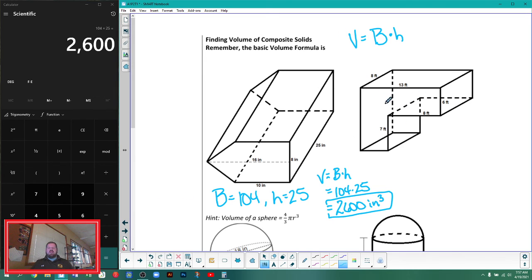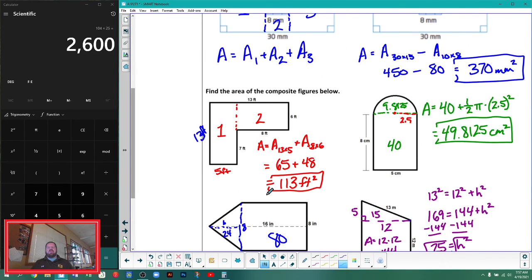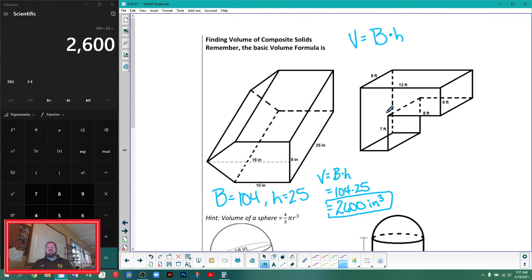For the next one, I have this Tetris piece that we worked on earlier. We found its area to be 113. And just to check, we'll have 7, 8, 6, and 13. So for this one, the area of the base is 113.